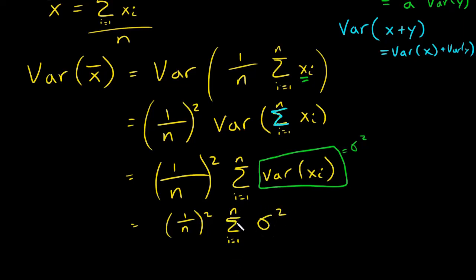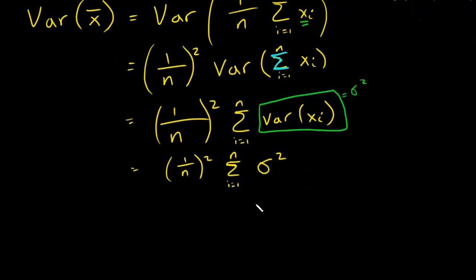Sigma squared now does not have an i, since all xi's have the same variance, so there's no need for that subscript i. When I sum up sigma squared n times, I'm going to get n of them. So this equals 1 over n squared times n sigma squared.